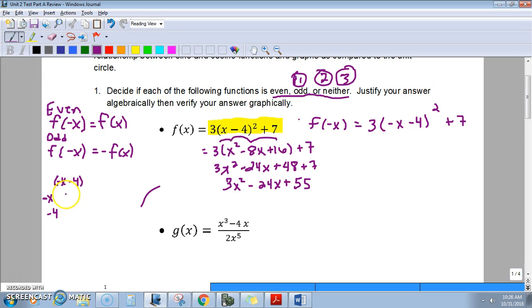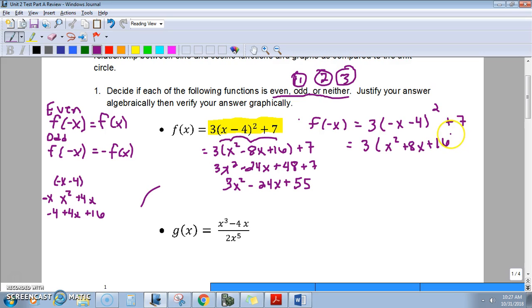So negative x times negative x, I still get positive x squared, but then this becomes positive 4x, and this becomes positive 4x, and we still have positive 16. So now what that looks like is 3 times x squared plus 8x plus 16.